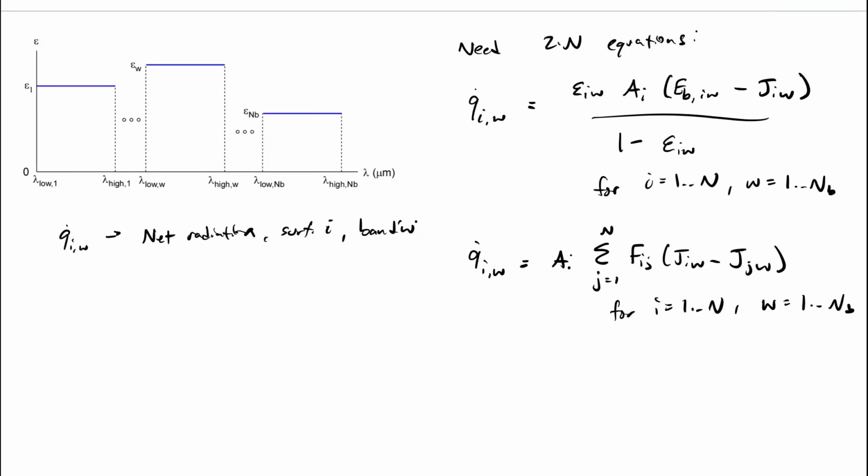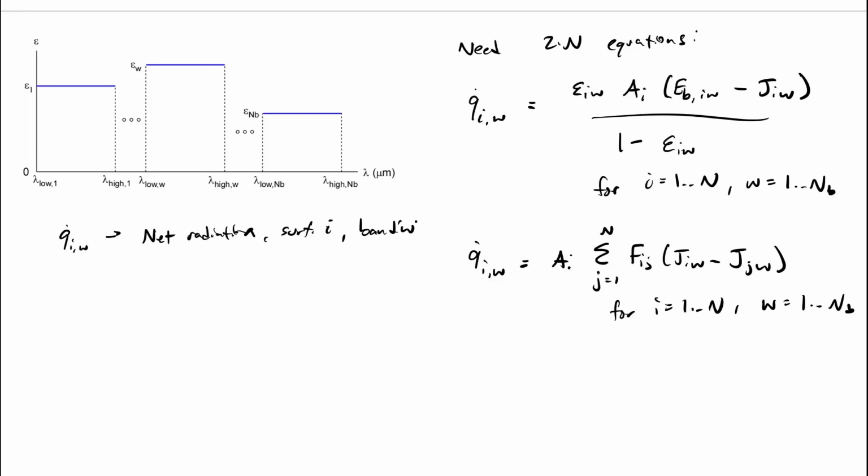It's not that difficult, but I could have Q dot going from surface I to surface J that's positive in a certain band. And in a different band, I could have the reverse happen. Right, so this now opens up a degree of freedom where you can start having net radiation exchange that's very different based on the band that you're in. Okay. So Q dot I W, let's see what else.